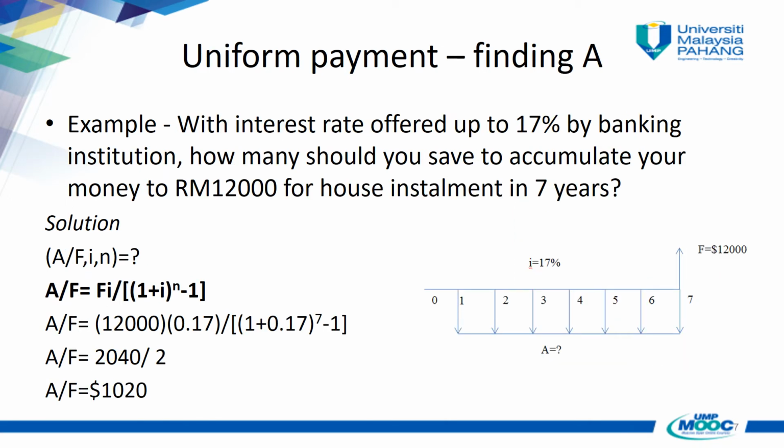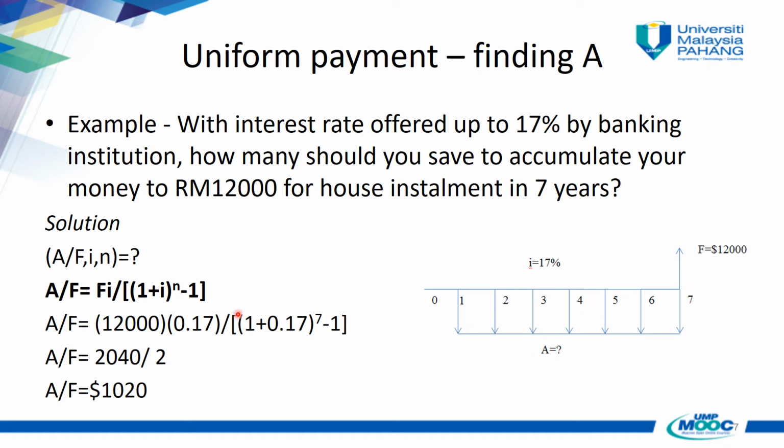Another example that we can calculate by finding A using this uniform payment: if we are offered, for example, 17% interest rate, how much money will accumulate to 12,000 in 7 years? How much money do you need to save every year?